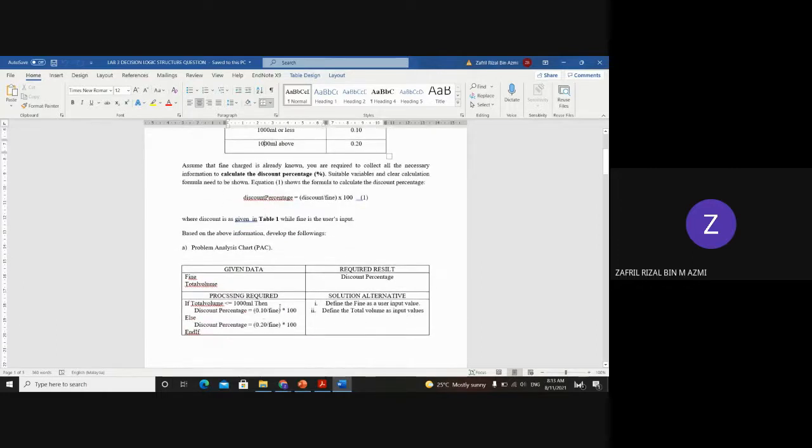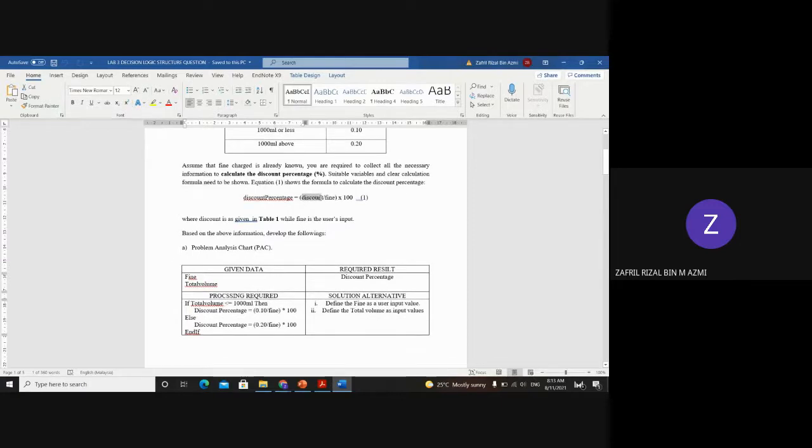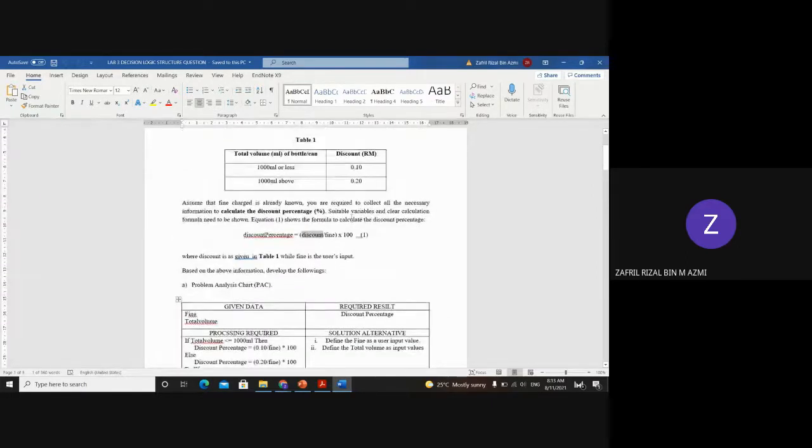So you should use less than or equal, meaning that 1000 ml is also included. So this is correct, and the calculation is also correct. 0.1.